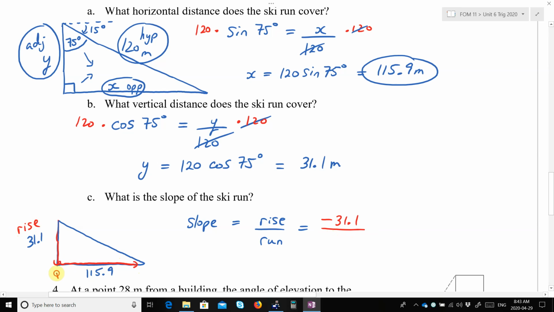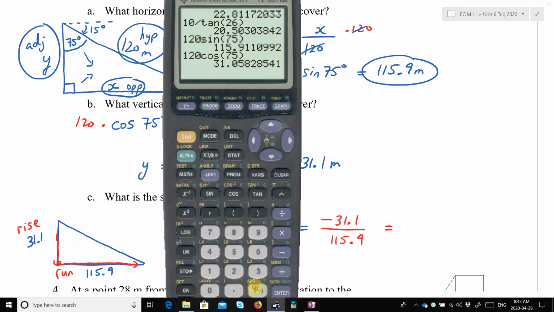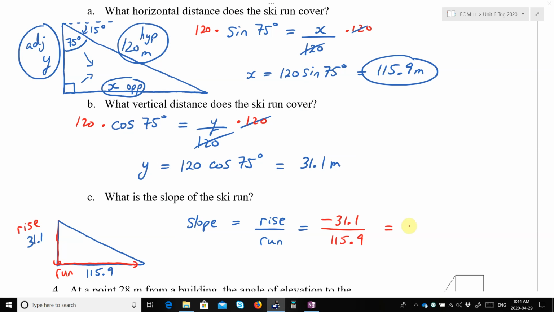So this is the rise, and this is the run. So we would go negative 31.1 divided by 115.9, okay, which is negative 0.27.